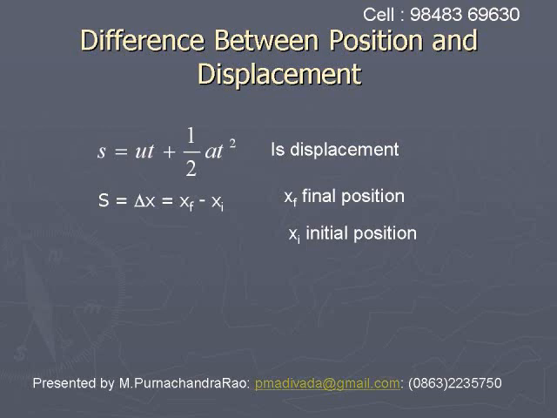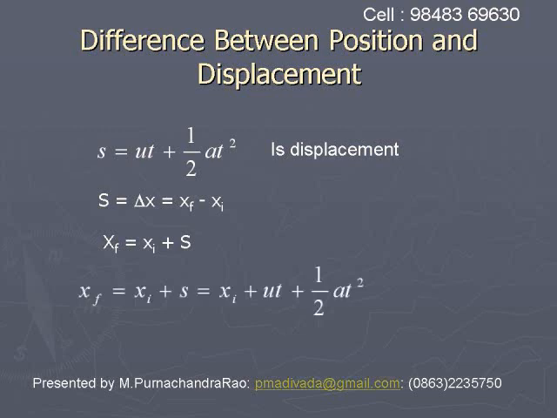So, from this, the final position xf is equal to initial position plus displacement, xf is equal to xi plus s. For s, let us write ut plus half at square. So, the final position xf is equal to xi plus ut plus half at square. Like this, we find the position.